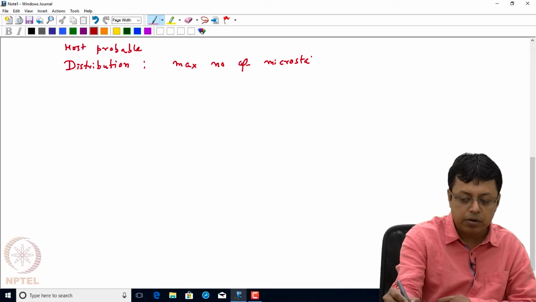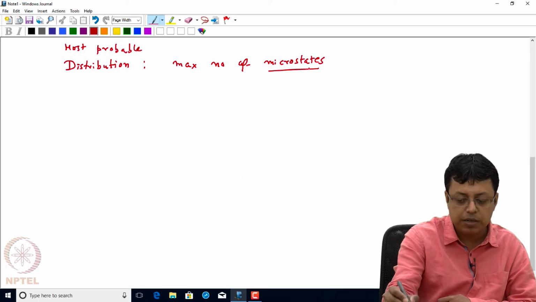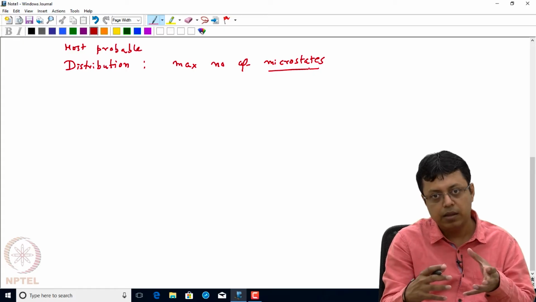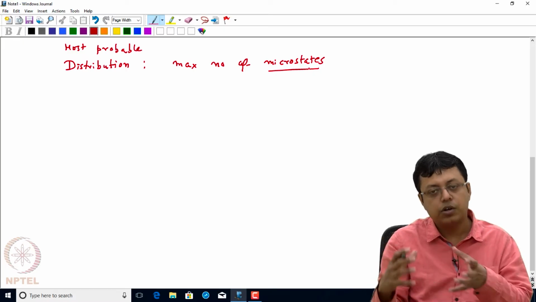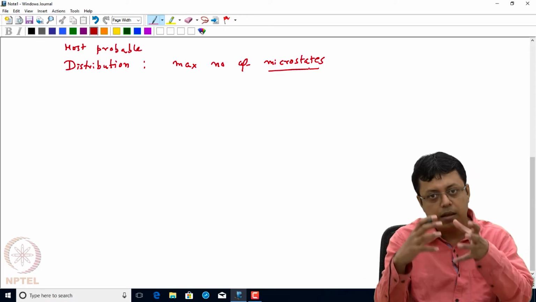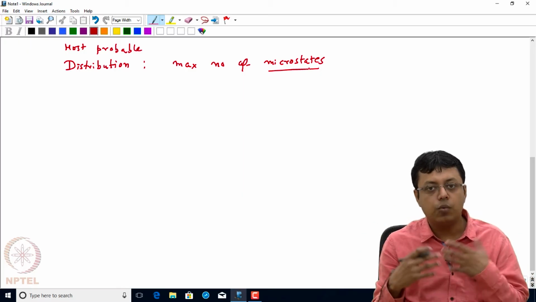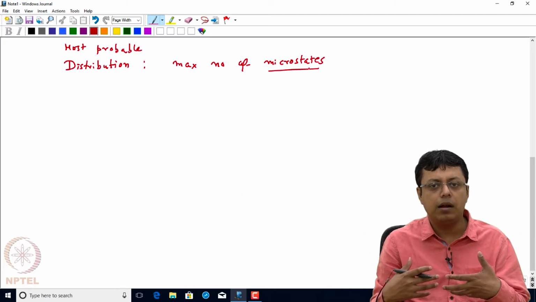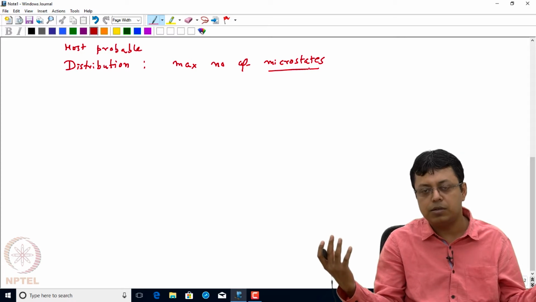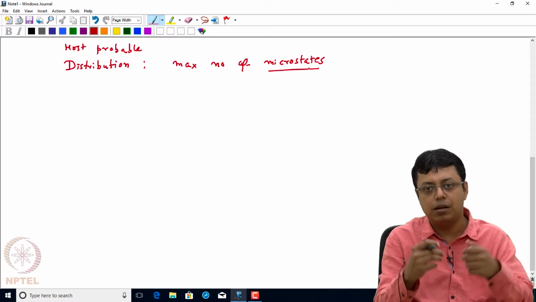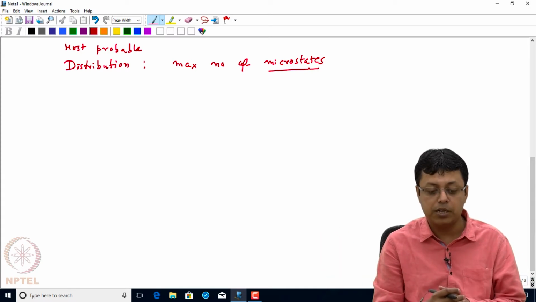A microstate is basically a microscopic description of the system. Different microstates correspond to the same unique macroscopic description, so one macroscopic system can have internally many microstates, because many microstates correspond to the same physical macroscopic properties.